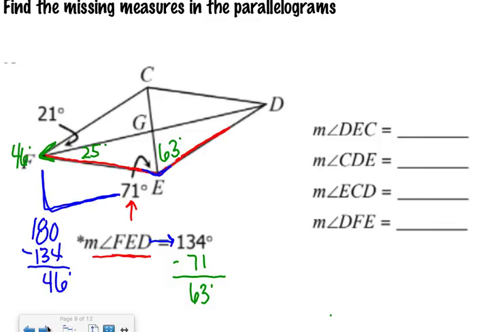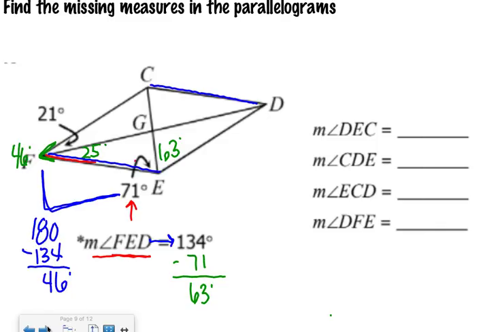So remember, it's a parallelogram, right guys? So my opposite sides are parallel lines. Let me straighten this up. So if my opposite sides here are parallel, I have a bunch of alternate interior angles that are congruent, right?